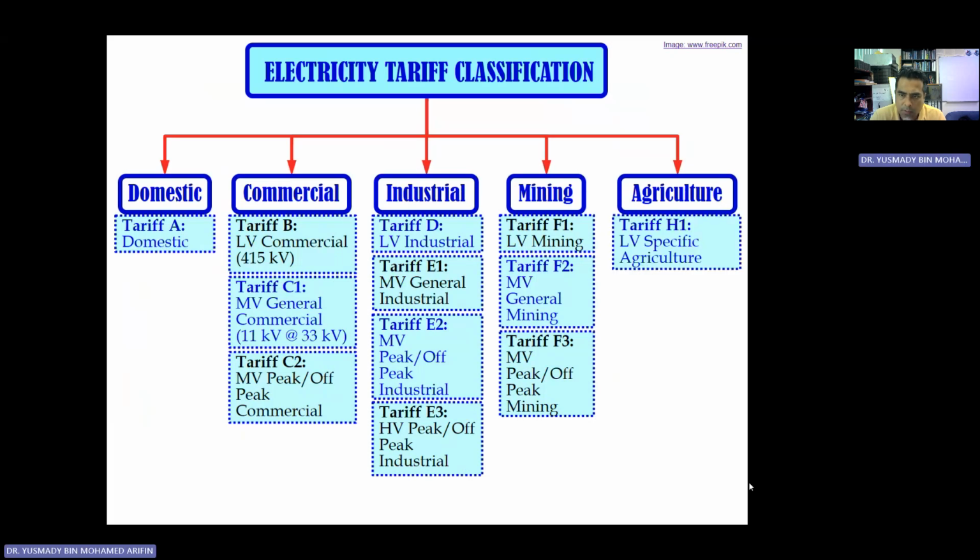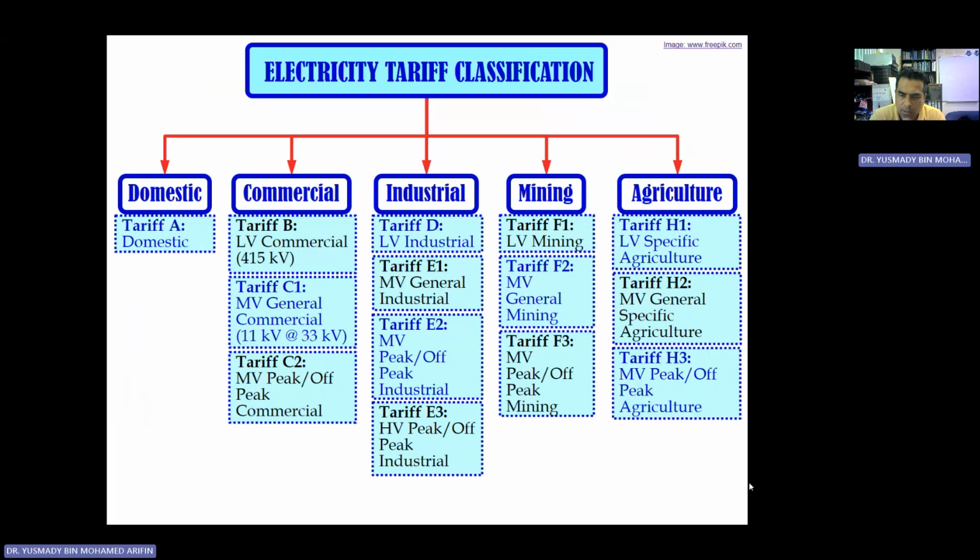For agriculture, we have tariff H1 low voltage specific agriculture, tariff H2 medium voltage general specific agriculture, and the last one, medium voltage peak and off-peak agriculture. So these are the classifications of the electricity tariff based on the sector.